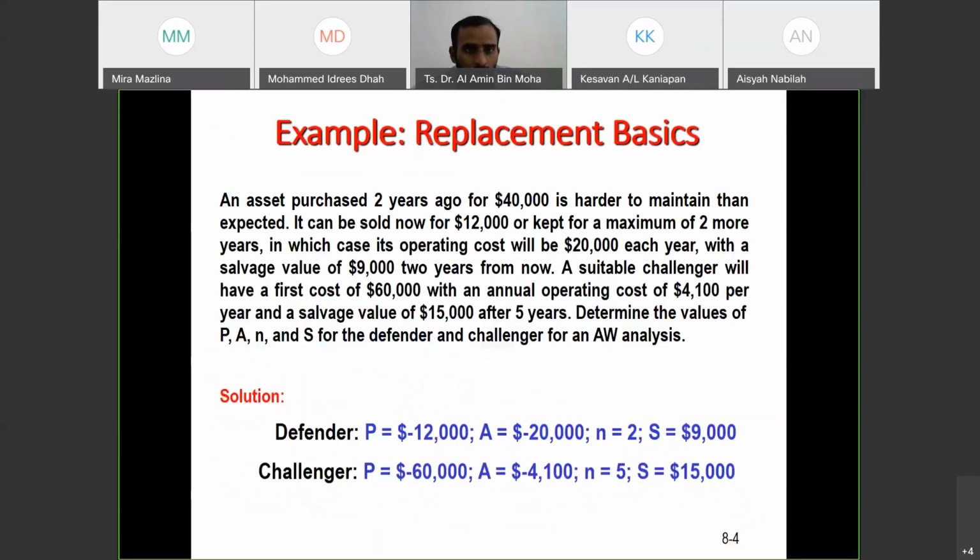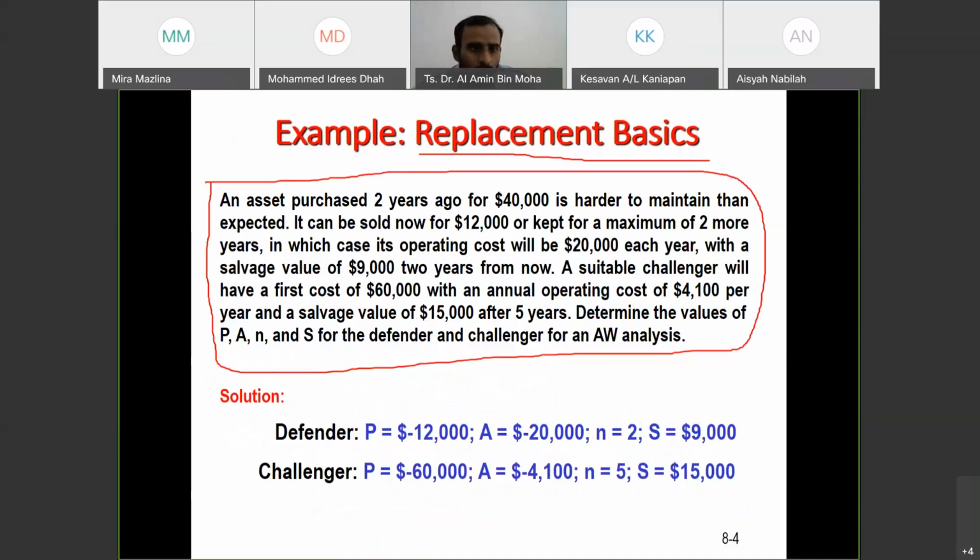So, example. Replacement basis. It's given a scenario here. An asset purchased 2 years ago for 40,000. So they bought this 2 years ago, 40,000. It is harder to maintain than expected.